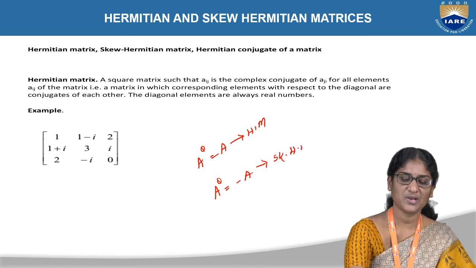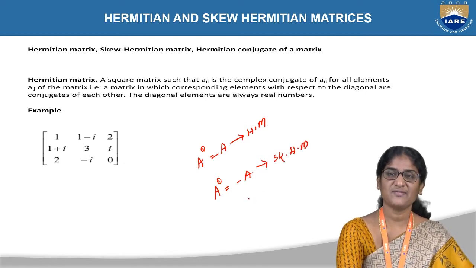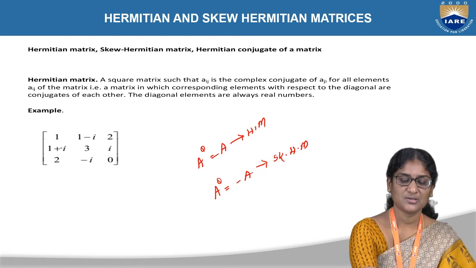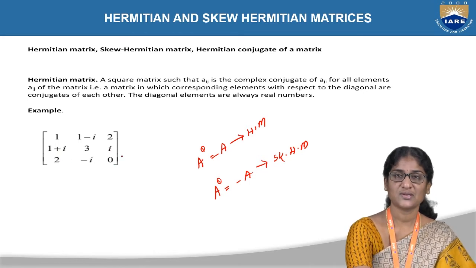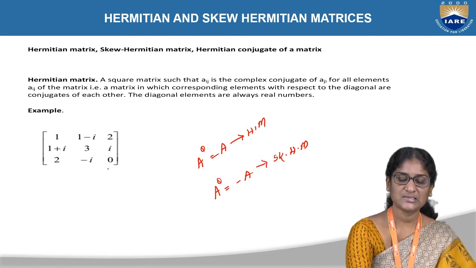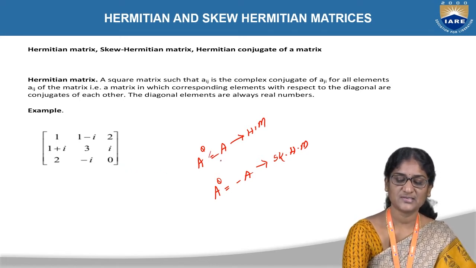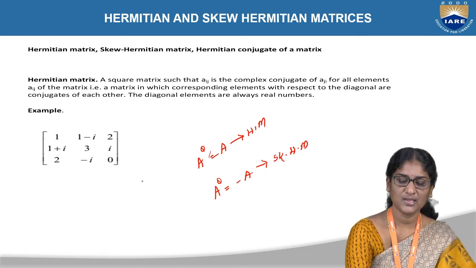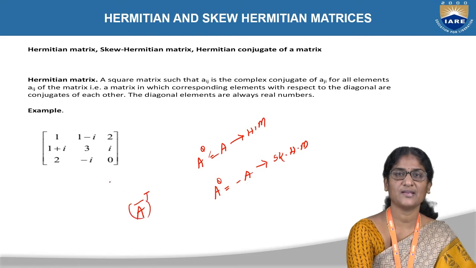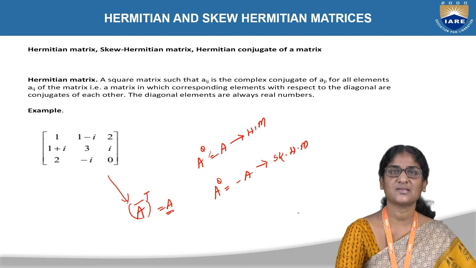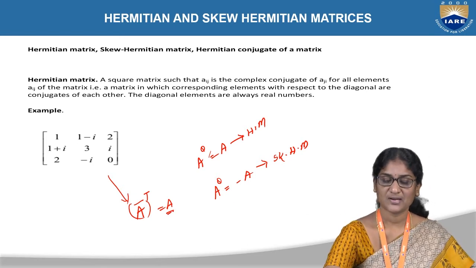And here one example I've quoted, just like in the previous section: 1 minus i, 2, 1 plus i, 3i, 2 minus i, 0. Suppose this is a matrix, then this is said to be a Hermitian matrix, because A to the power theta is equal to A. That means you are applying transpose and conjugate both to this matrix, and you get the same matrix once again, then it's called a Hermitian matrix, right?